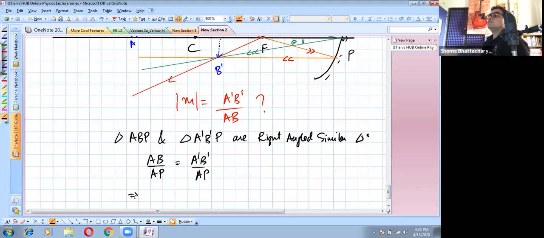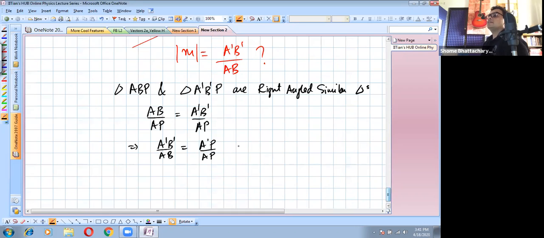So you can see that what we get is, on one hand, the ratio of the size of the image upon size of the object, and on the other hand we get the position of the image with respect to the position of the object. So what we are getting here is that the magnitude of magnification without any sign is the magnitude of v divided by the magnitude of u. But also the image is inverted.